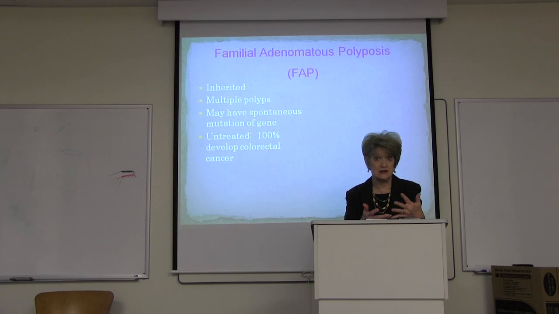And so unless this individual is undergoing routine screening, he or she would not know that they had polyps in the colon. As the polyps become larger and as they move toward malignancy, they start noticing rectal bleeding. They might have some abdominal discomfort, some cramping if the polyps are large enough.